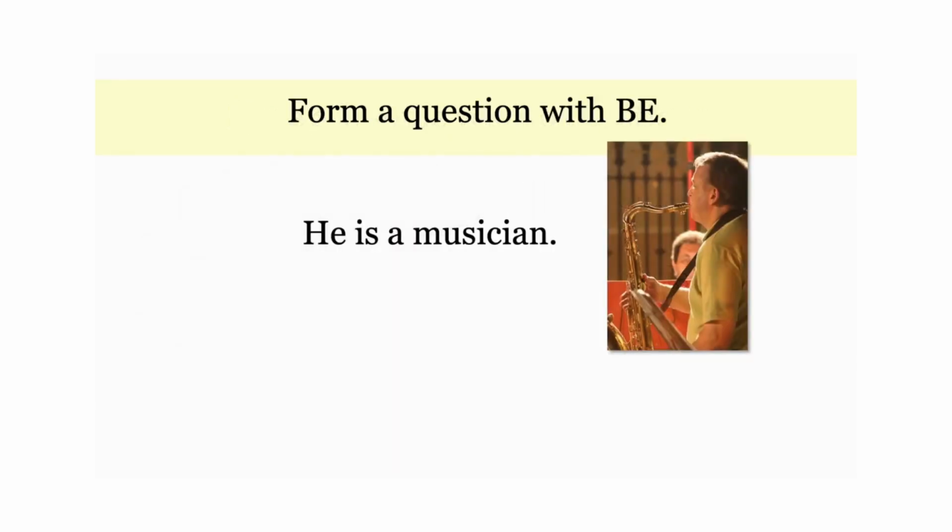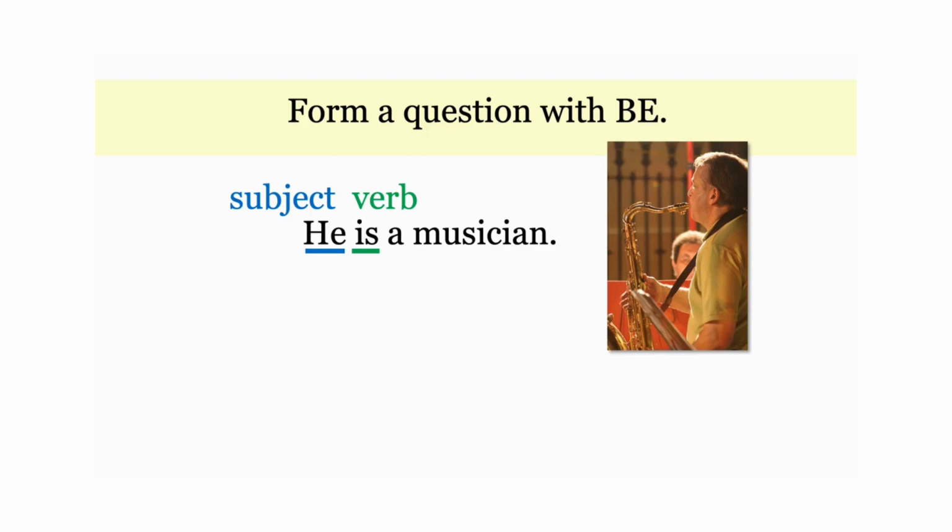Form a question with be. You already know how to make a statement with be. He is a musician. We start with the subject, here it's he, and then we have a form of the be verb. Here we use is because is goes with he, third person singular, and we have he is a musician.